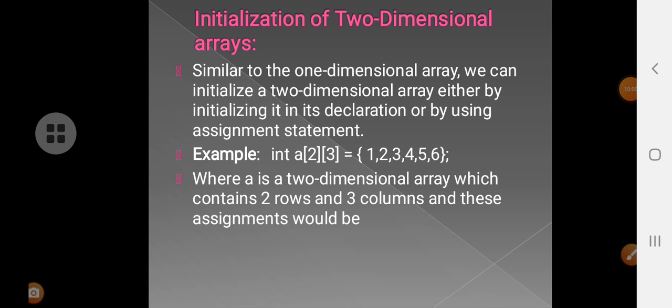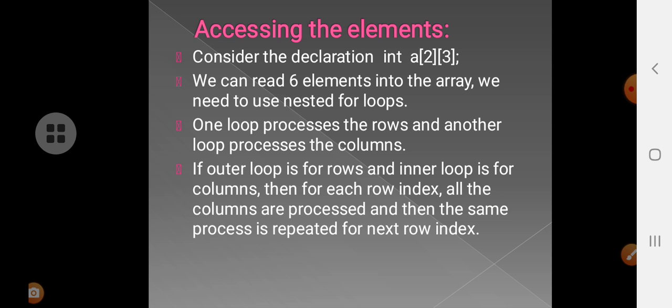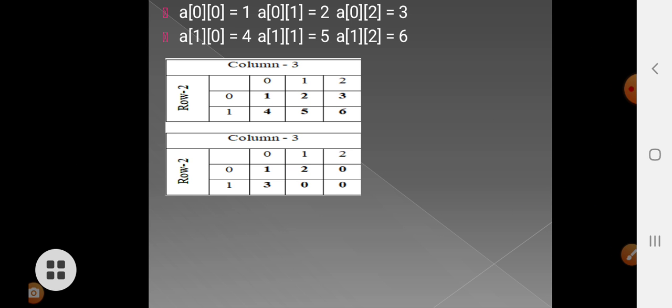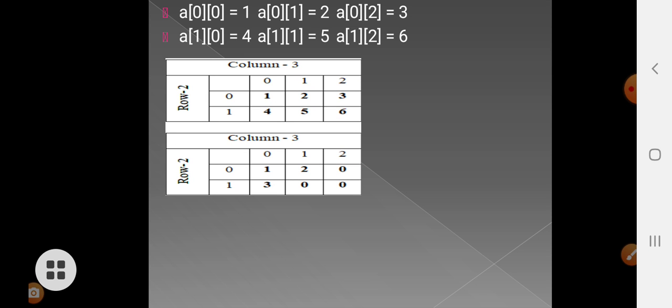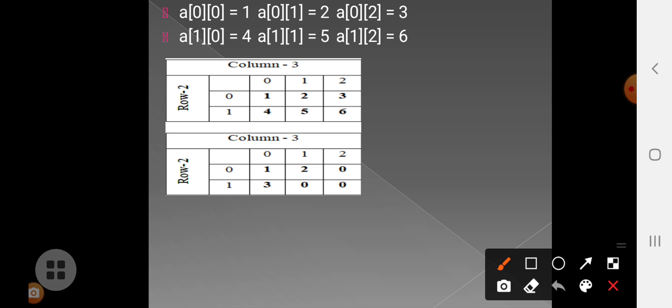In a two-dimensional array, all the matrix elements will also come. We majorly use this two-dimensional array for representing matrices. Okay. See here. We have to access the elements in the sense, how do we access the elements? We have to access the elements using the subscripts.